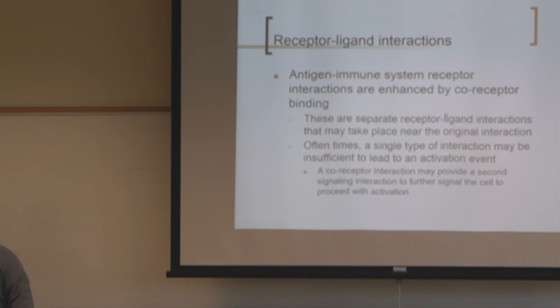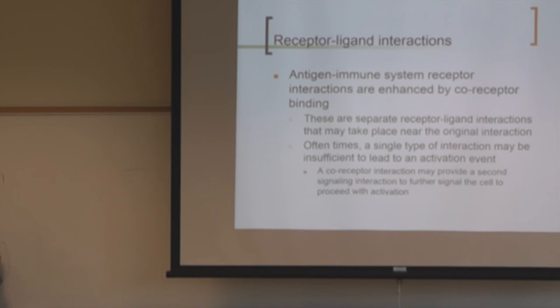Let's see. So antigen, immune system receptor interactions are enhanced by co-receptor binding. Here, these are separate receptor and ligand interactions that can take place near the original interaction. One example of that is CD4 and CD8. So that example could be, here I have an antigen presenting cell, and it has MHC class 2, and it's presenting an antigen, and the T cell receptor recognizes that antigen.